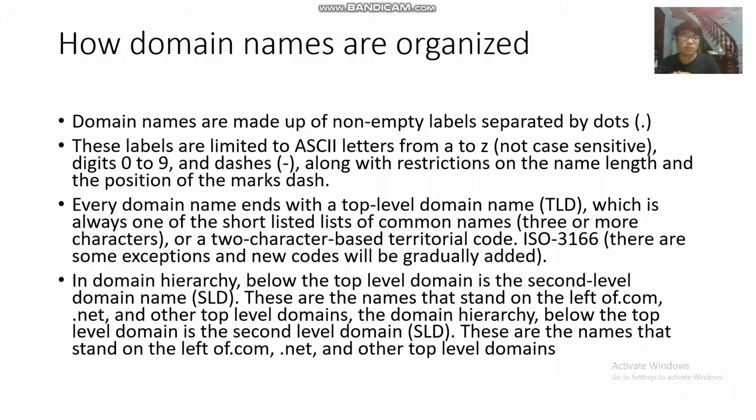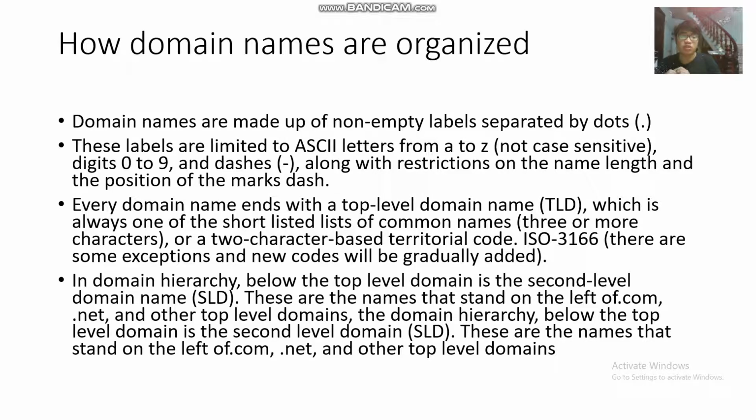Every domain ends with the top-level domain, TLD, which is always one of a list of common names with 3 or more characters, or 2 characters based on the territorial code ISO 3166. There are some exceptions and new codes will be gradually added.